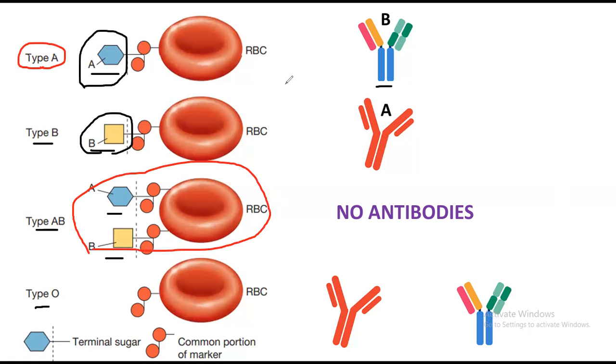The person that is of type A will start producing antibodies against type B. Okay, he will start producing more and more antibodies against that antigen. Also, he will start producing antibodies against this antigen, although it is a self antigen, because he is having antigen A over his surface.